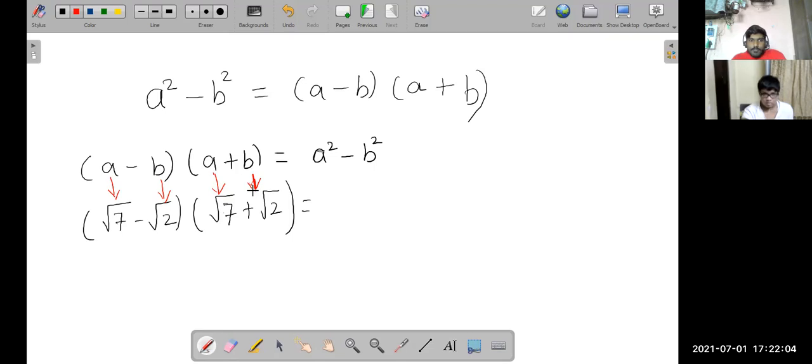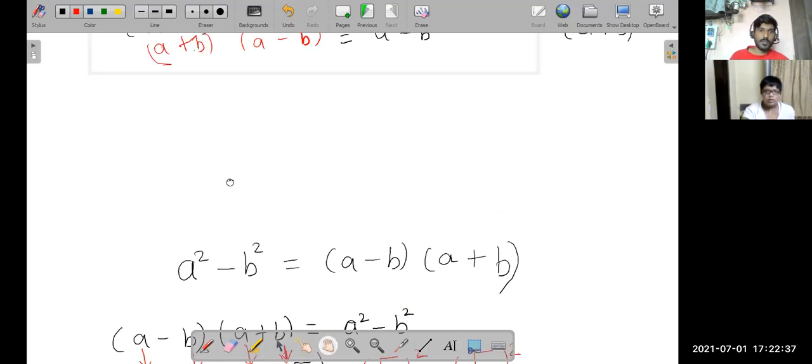Root 14? No. A is root 7, B is root 2. That is clear. So this side will become A, that is root 7 whole square minus root 2 whole square. Correct? Yes, sir. This you understood?